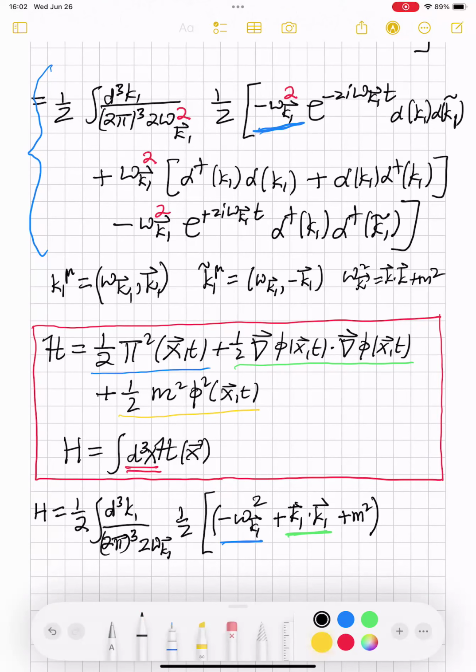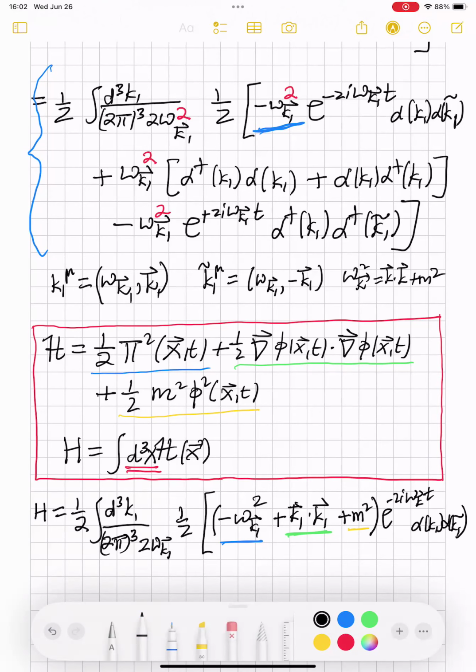So this will come from the m squared phi squared term. And then we will still have the e to the minus 2i omega kt and an alpha K1, sorry, let's write that correctly, alpha K1, alpha of K1 tilde. So this is the first term, okay?